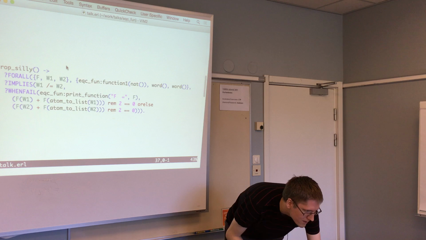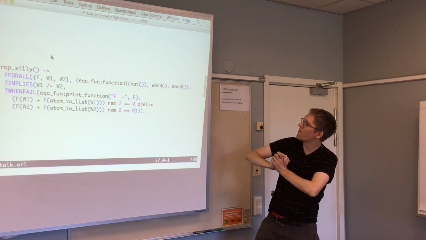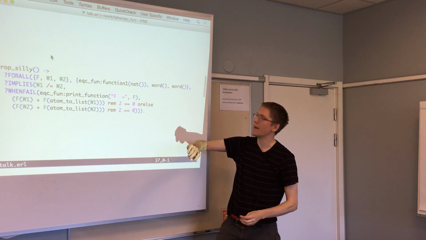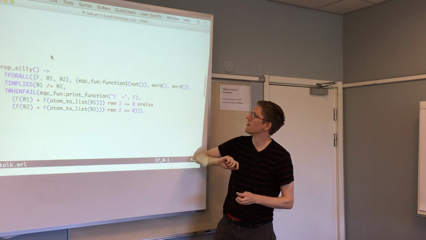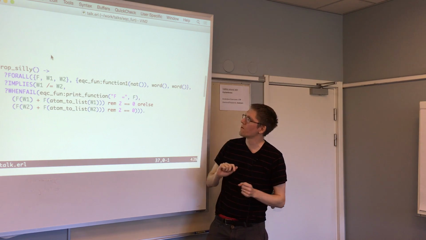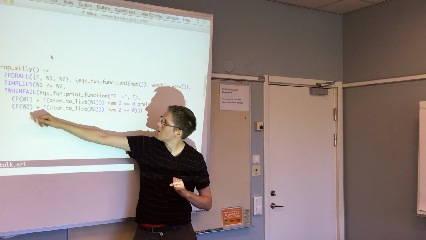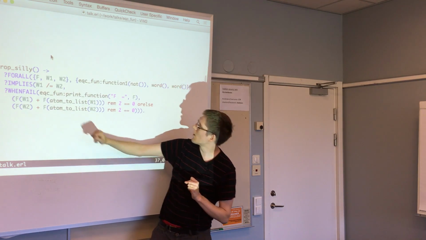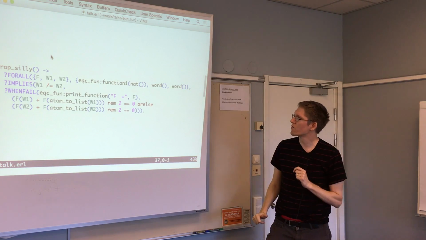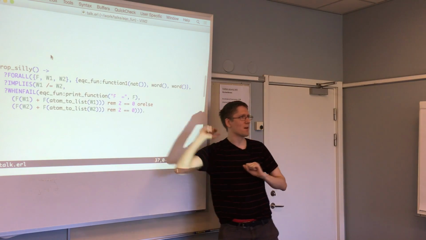Okay, here's an example I called silly. It says, this is the well-known property that if you have a function from English words to natural numbers, and you generate two random words that are not the same, then if you add up the function applied to the word, which is an atom, and to the corresponding string, that's going to be even for at least one of the words.